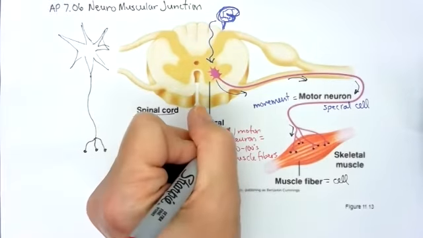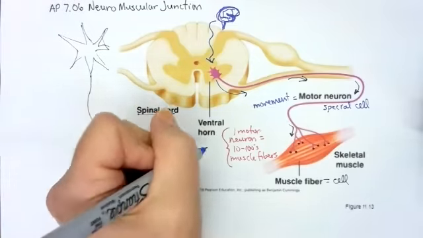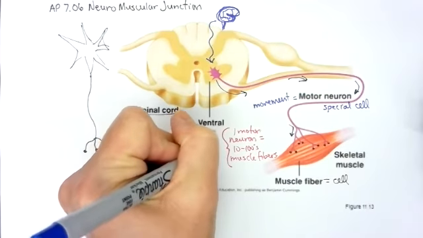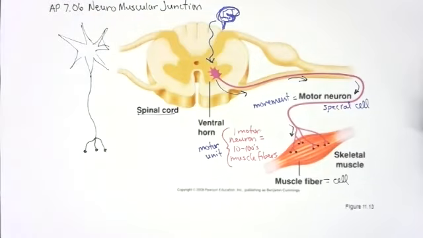We call the neuron and all the fibers that it fires a motor unit. Again, a motor unit is a motor neuron and all of the muscle fibers that it fires, which is kind of what we have represented here.